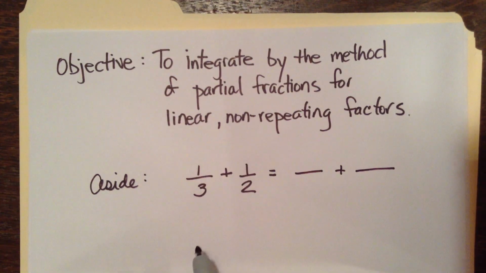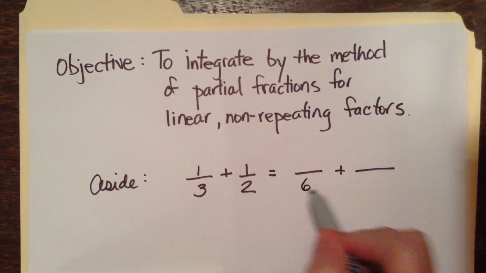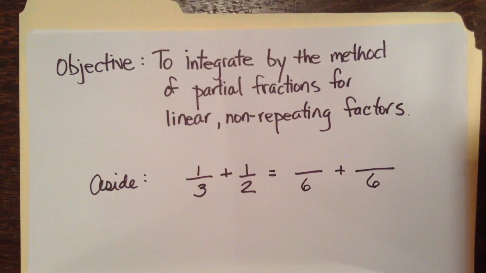And in this case, to find a common denominator, you'd start thinking of multiples of the larger factor. So 3 times 1, does 2 go into 3? No. So then you'd say 3 times 2 is 6. Well, good. 2 goes into 6, so 6 would be called our lowest common denominator. And how would we get an equivalent fraction to 1/3?